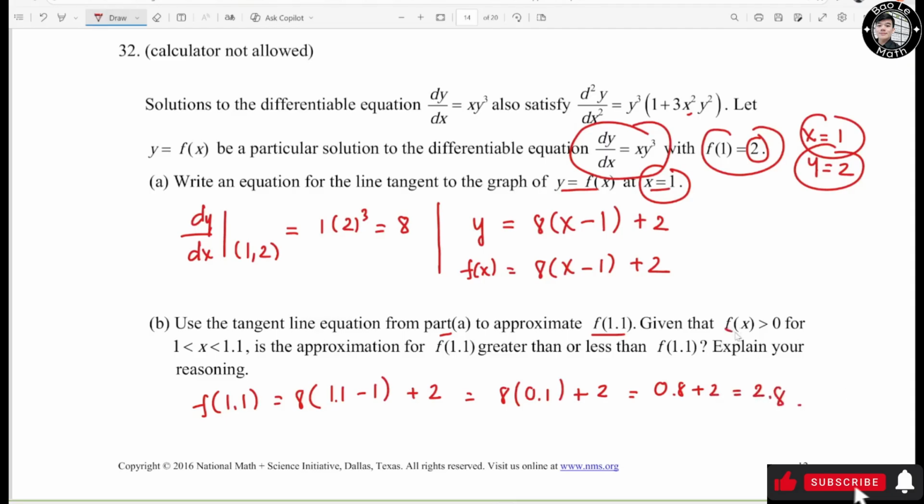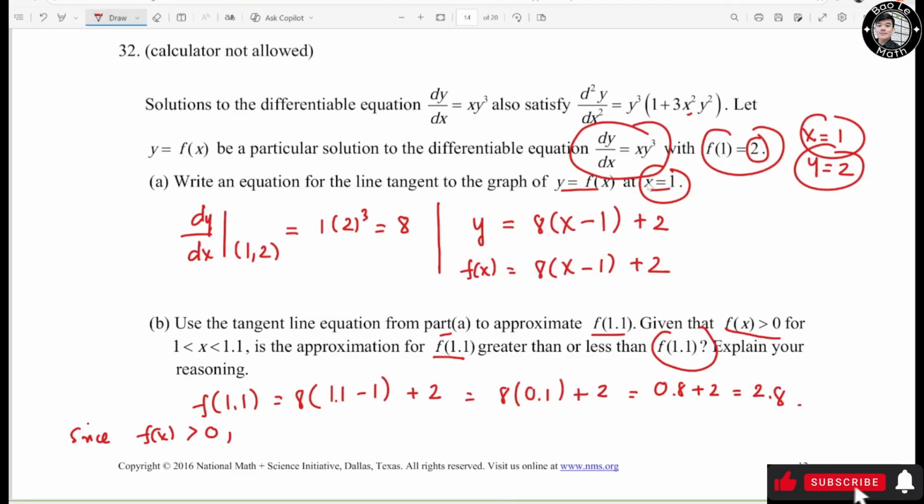Given that f of s is greater than 0 for s between 1 and 1.1, is the approximation for f of 1.1 greater than or less than f of 1.1? Alright, so since f of s is greater than 0, right?